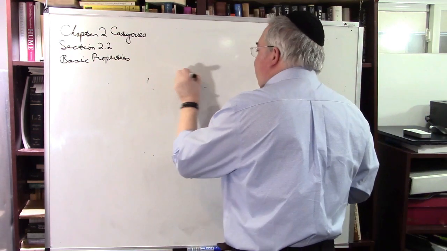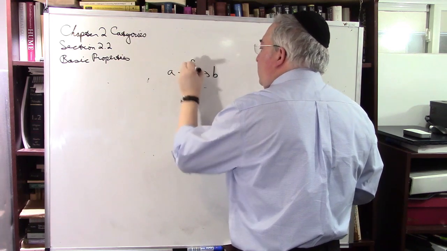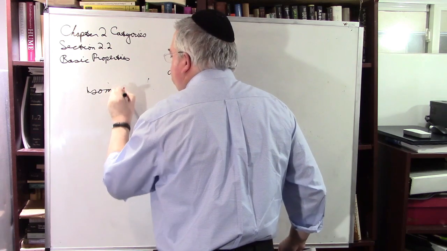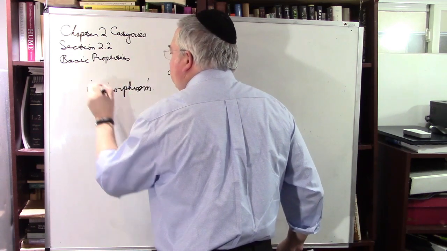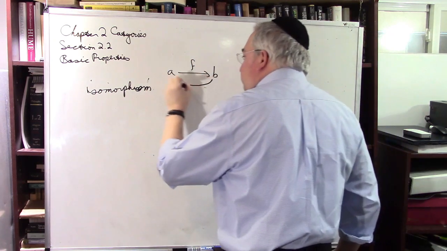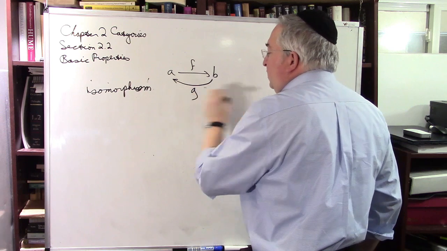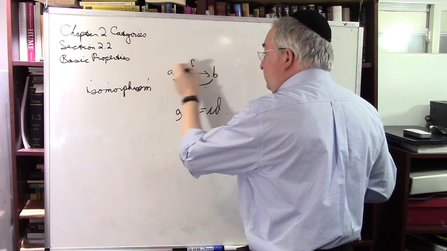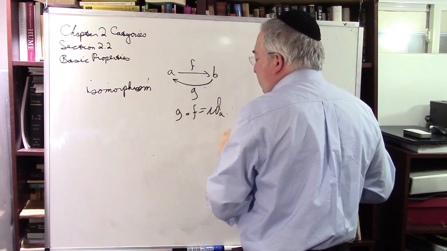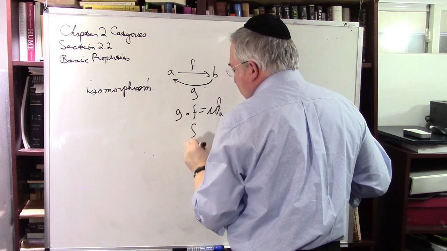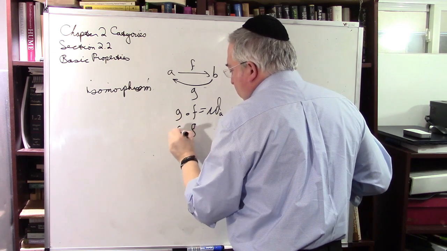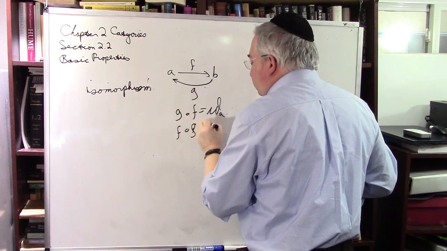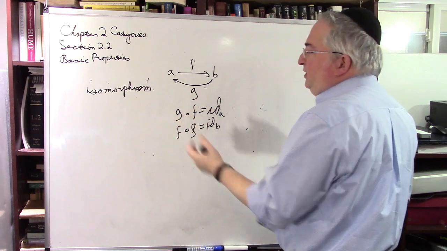F is an isomorphism if there's another map G such that F compose G is equal to the identity, start at A, go there, the identity on A, and G compose F, so start with F, then do G, and that's equal to the identity on B. That's what an isomorphism is.